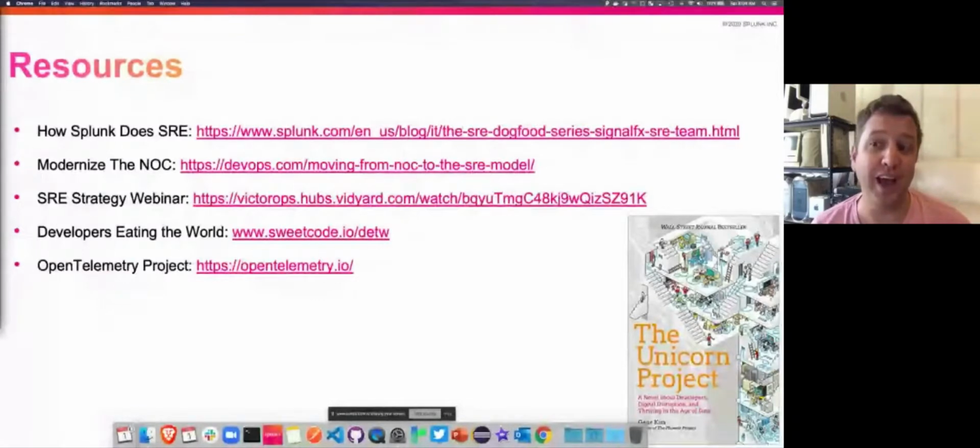Organizations that don't do that early on and only expect the observability tooling to bring observability into their organization are the ones that tend to fail.